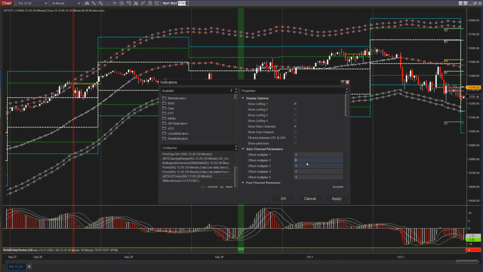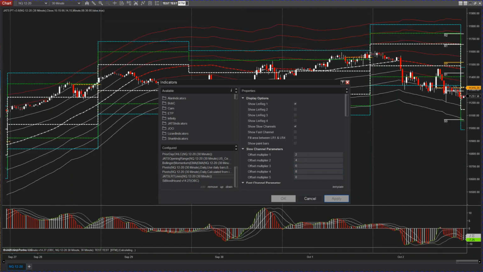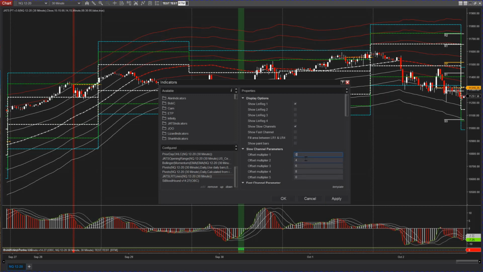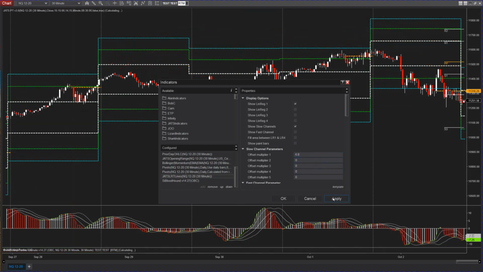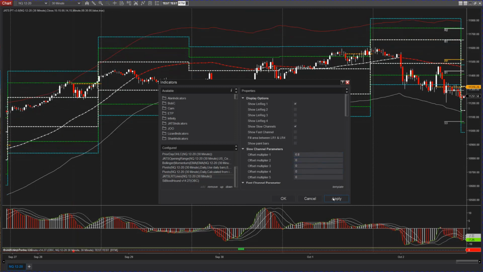If we wanted 2, 4, 6, 8, we could certainly do that, or just show the outside areas, or if you wanted 1.53579, it doesn't matter. You can customize the slow line indicators to make it whatever you want to be.